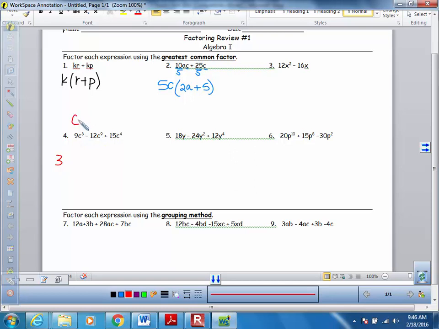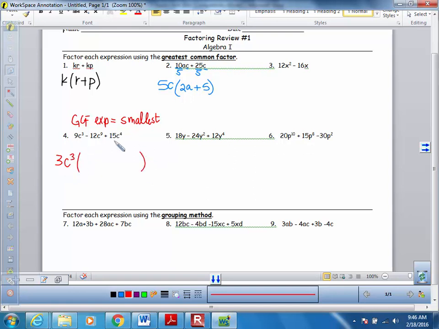Your GCF for exponents is always the smallest. So if I look at number 4, I have C to the 3rd, C to the 9th, C to the 4th. C to the 3rd is my smallest, so that would be my GCF. So I'm going to put C to the 3rd beside 3.